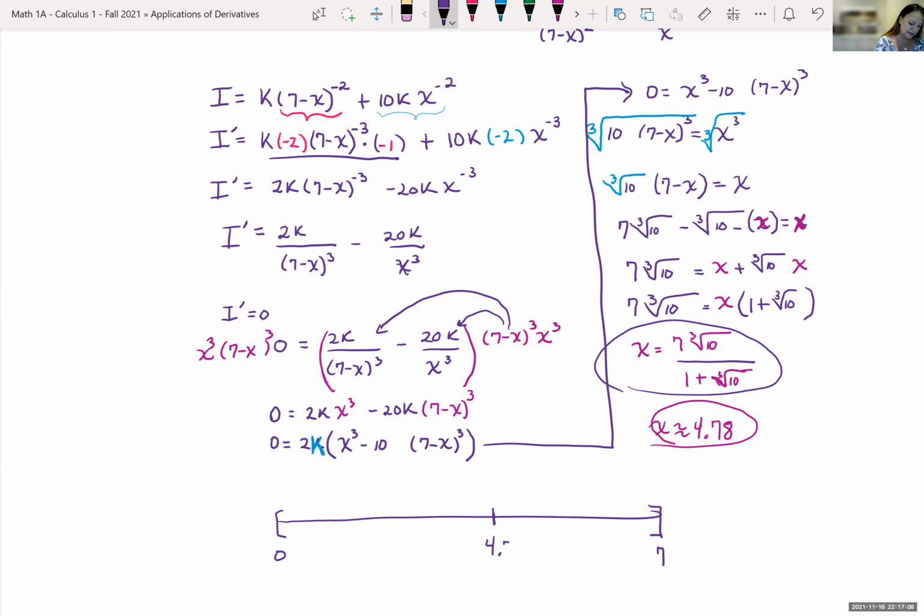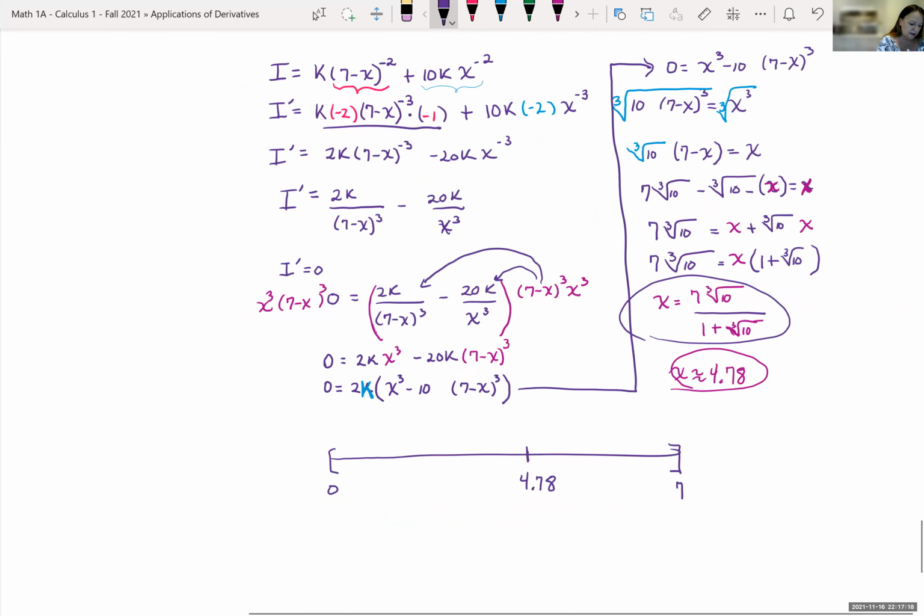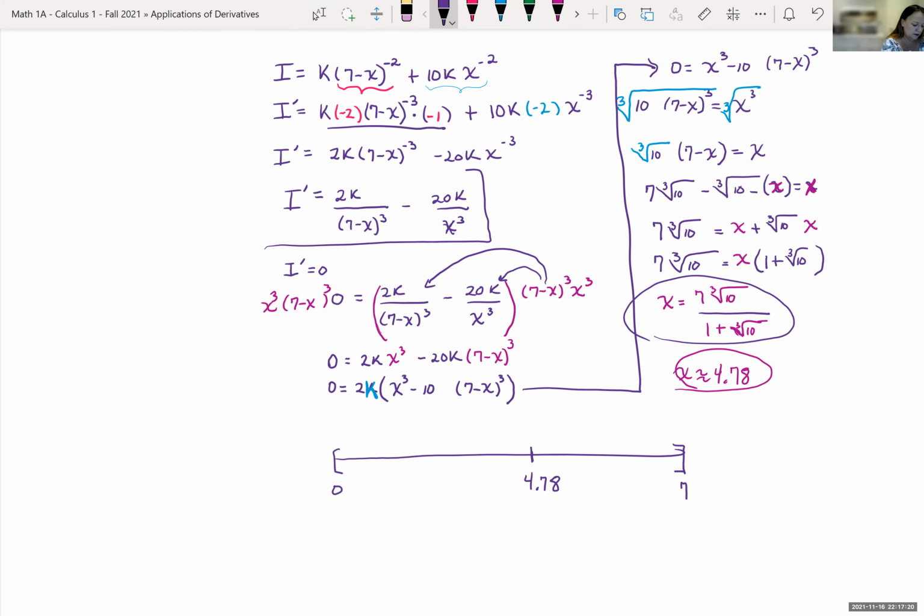And we want to test on the left and the right just to see, is it positive or negative into the derivative? Are we increasing or decreasing? So if we look at our function, and we plug it in, so we have I prime is equal to 2K all over 7 minus X cubed minus 20K all over X cubed.